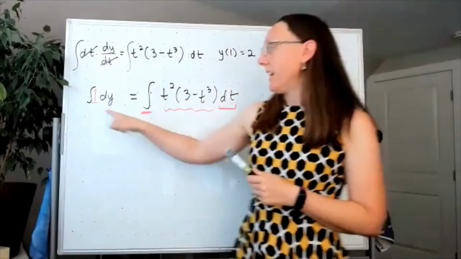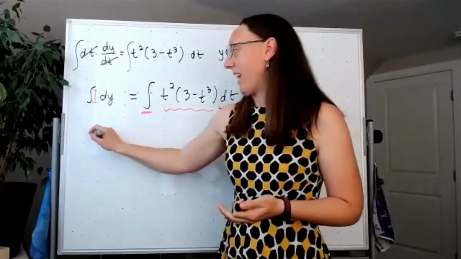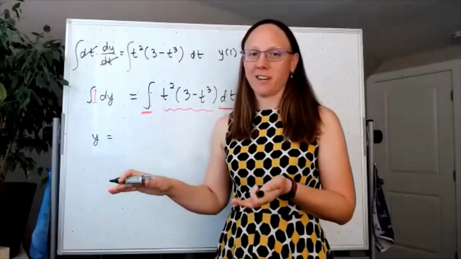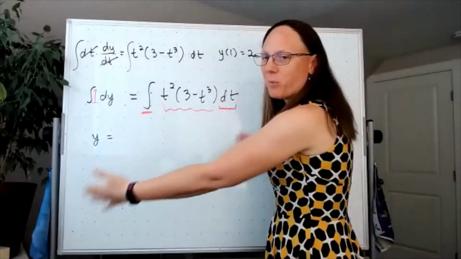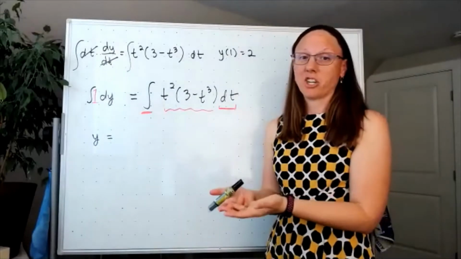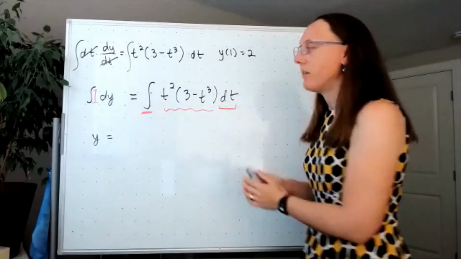On the left-hand side, if I integrate 1 with respect to y, I get y. Now, technically, I get y plus a constant. But if we had a constant on both sides, we could just smush those together into a single constant. So by convention, we're going to smush those together into a single constant on the right-hand side.